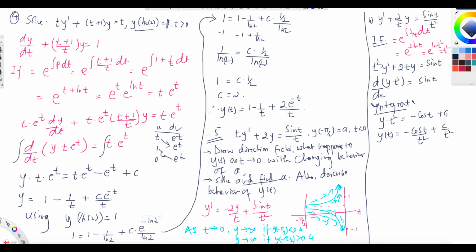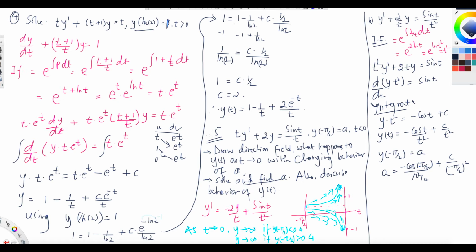Now we need to use the initial condition. What is the initial condition? y at negative pi over 2 is equal to a. Let us use that. So a equals negative cosine of pi over 2 over pi square over 4, plus c over negative pi over 2 squared. I'm plugging in a for y and negative pi half for t.